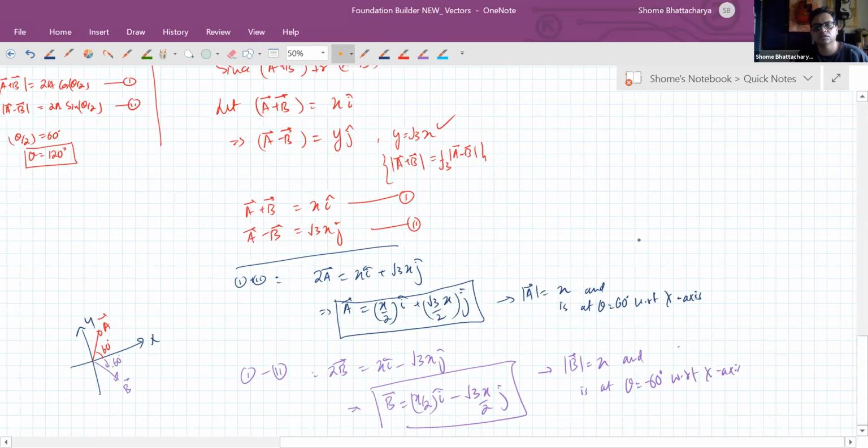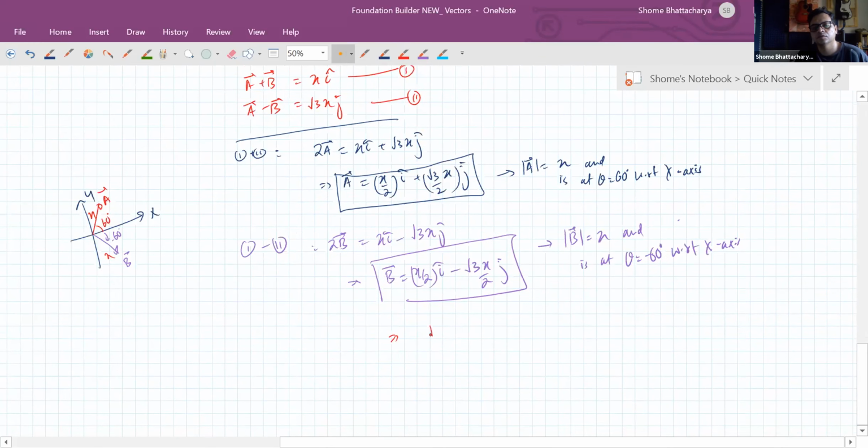Okay, and both of them are having magnitude x. So from this we can conclude that magnitude of A is equal to magnitude of B equal to x. So A is to B is 1, and the angle between A and B is 120 degrees.